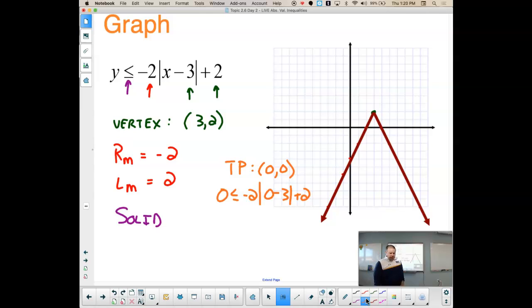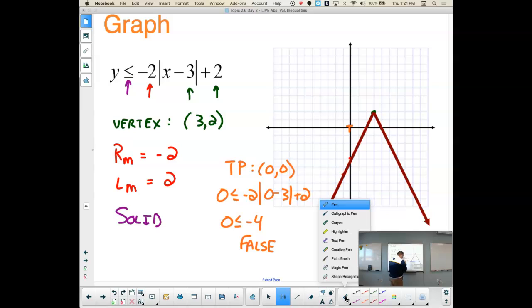Absolute value of -3 is 3, times -2 is -6, plus 2 is -4, and that is a false statement. My test point was there. So that means I am going to shade on the inside.